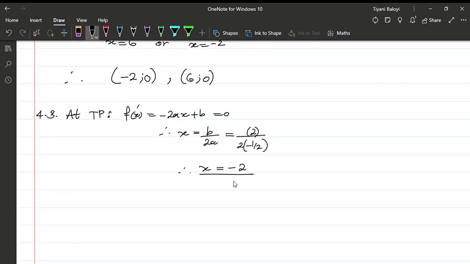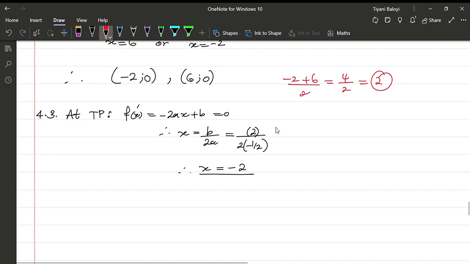I'm confused as to why these two have the same coordinate, because the other way to get a turning point is to take an average of the x-intercepts, where you have minus 2 plus 6 over 2. This will be 4 over 2, so our turning point should be 2, which makes sense. So it should be a positive 2.